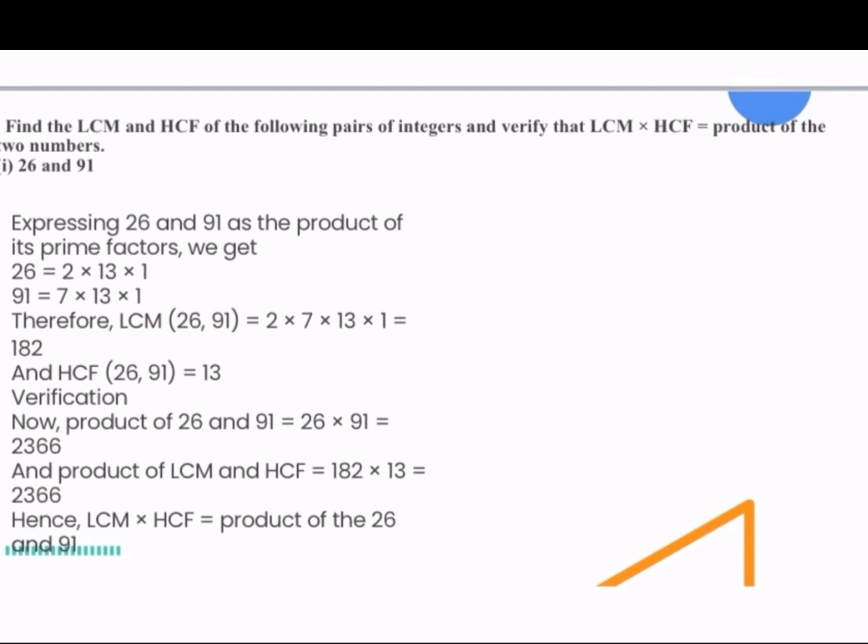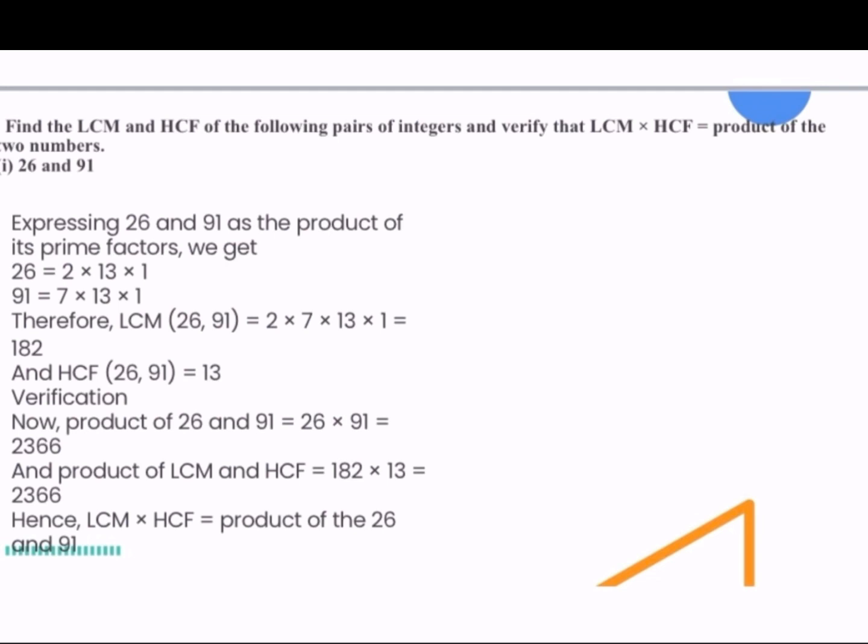Now they have said LCM times HCF. So that is 13 times 182, which is equal to 2366. Now if LHS is equal to RHS, we have to prove that RHS is also equal. So we have to multiply 26 and 91, then also we'll get 2366.